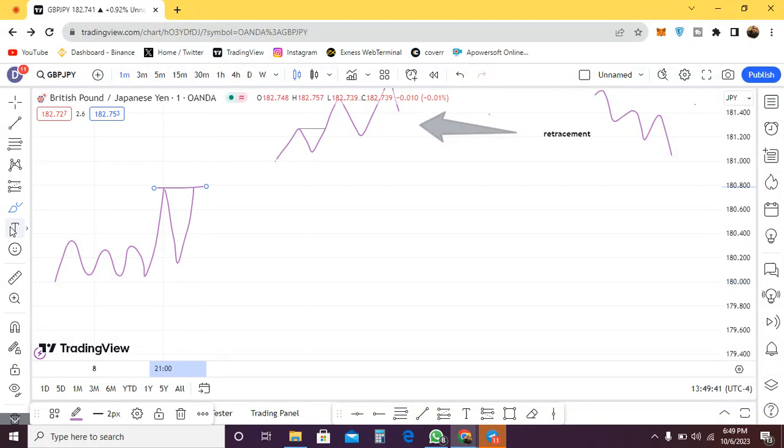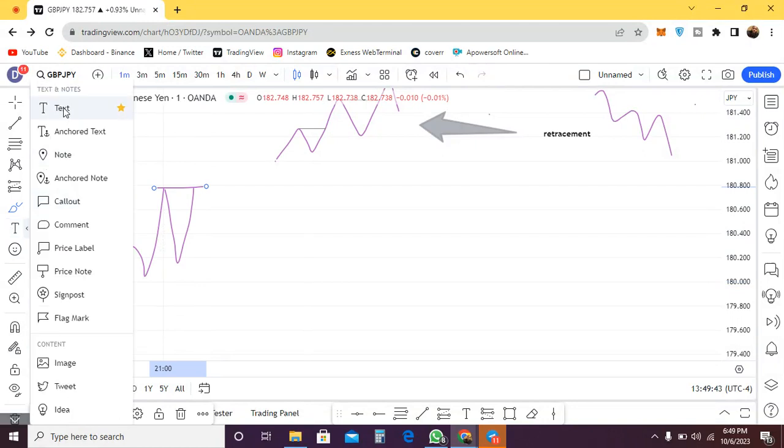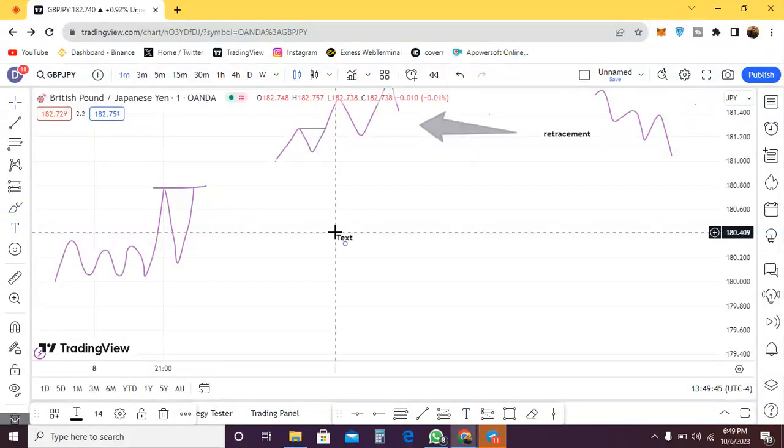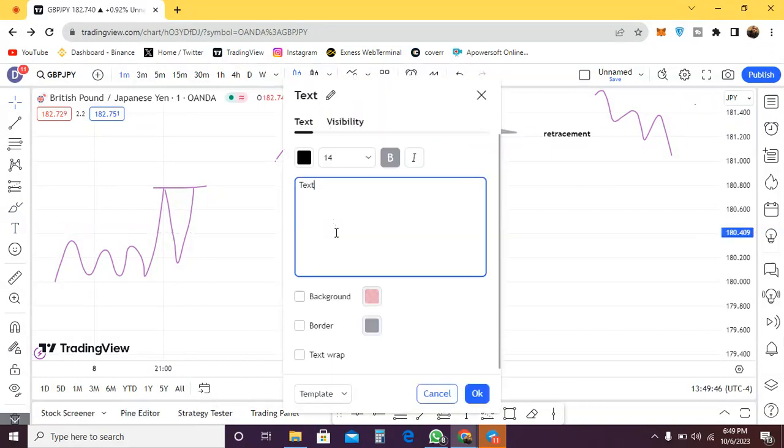Let me write it down. Expansion. Our reference point for entry would be an unmitigated order block.